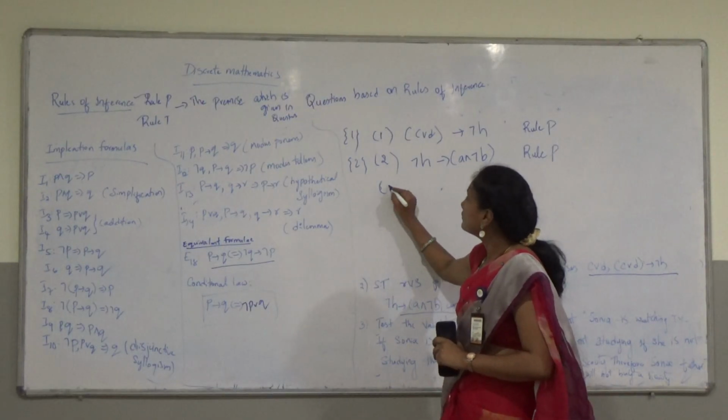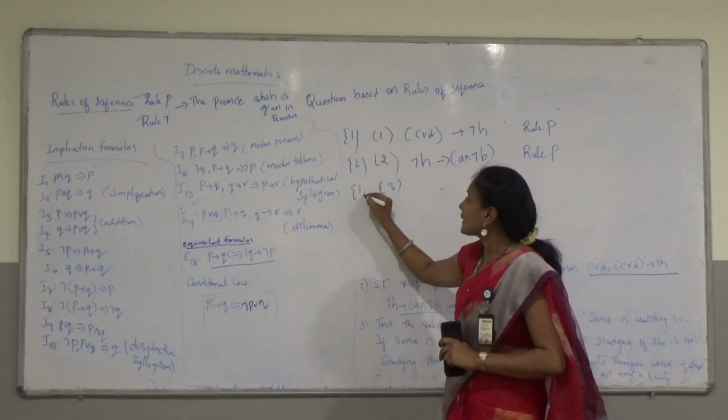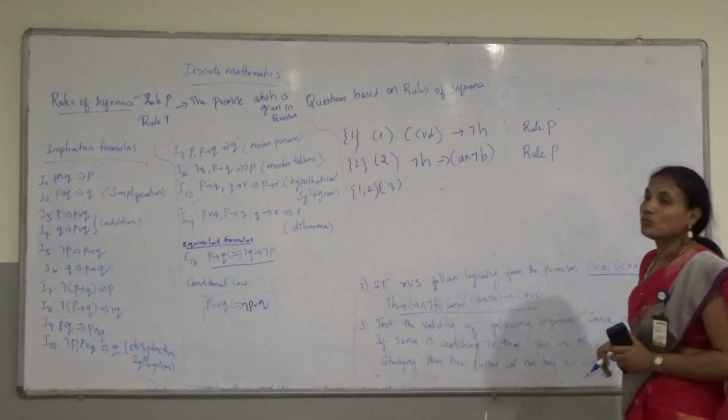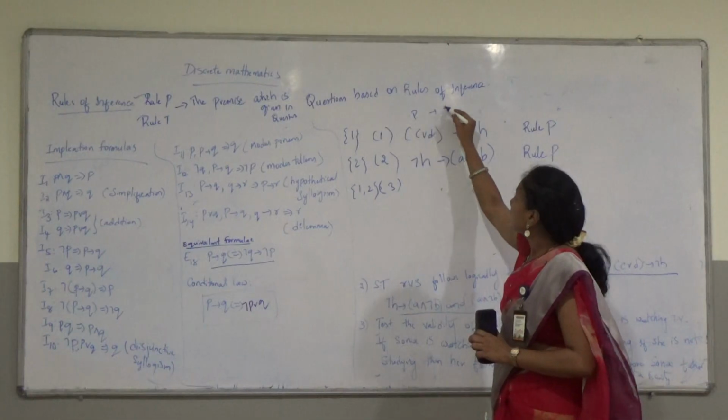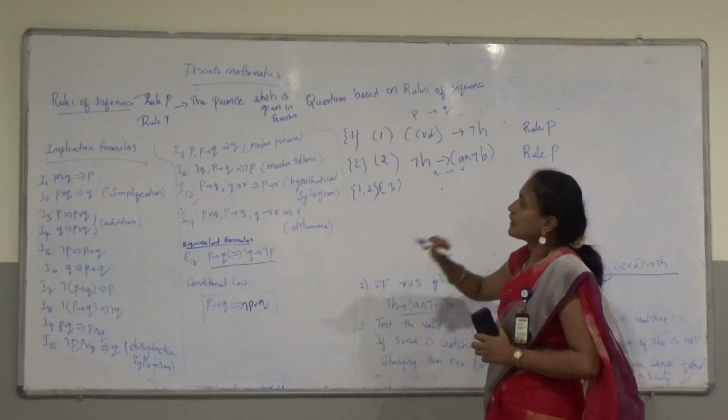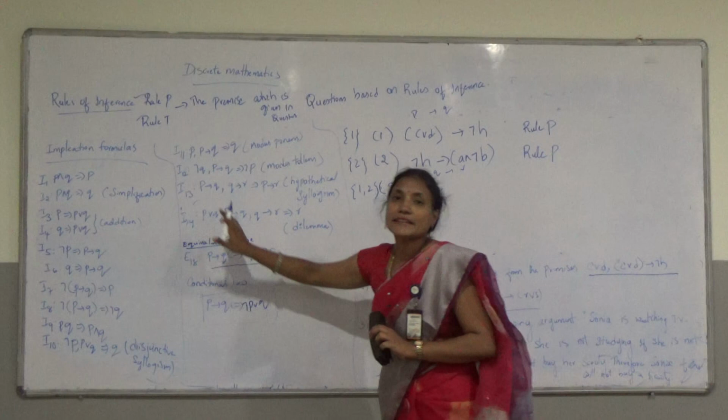Next, from 1 and 2 we are getting a third premise. Which is a more suitable formula? This is in the form of P implies Q and Q implies R. Again check it out, the same I13 is applied.